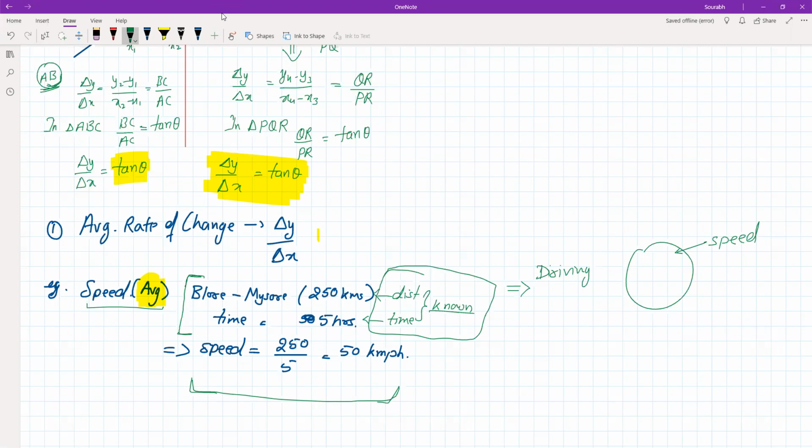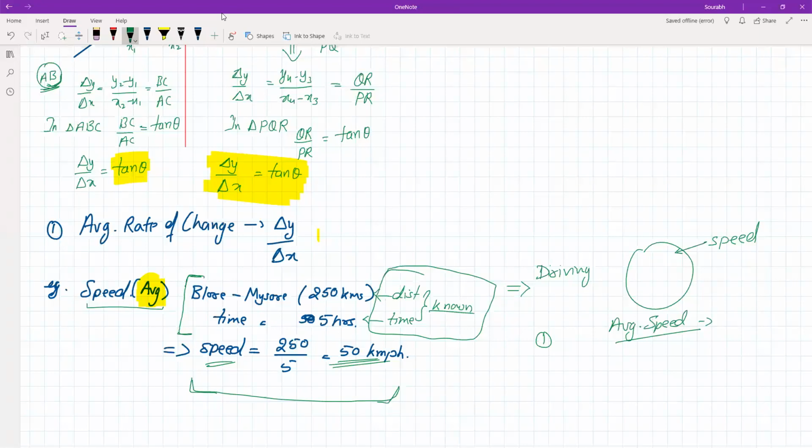What do you think that speed is? Is that speed average speed? The answer is it cannot be, because average speed can be calculated only when your journey is complete, and you are still driving. Your journey is not complete, so it cannot show you the average speed. That is the first logic behind it.